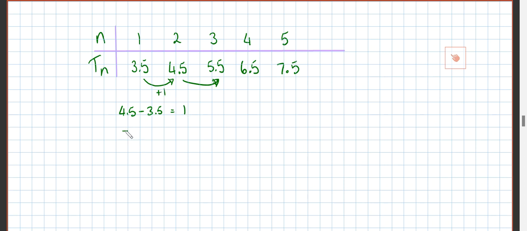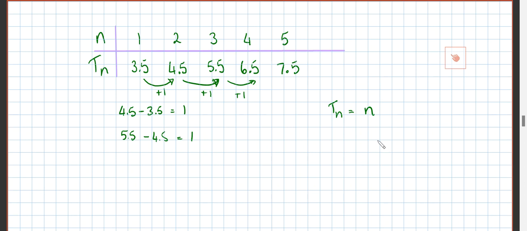Okay, let's just check. 5.5 minus 4.5, the next one is 1. So we can see, I mean, it's pretty obvious anyway, the common difference is 1. So Tn would equal just 1n. So we just write n.